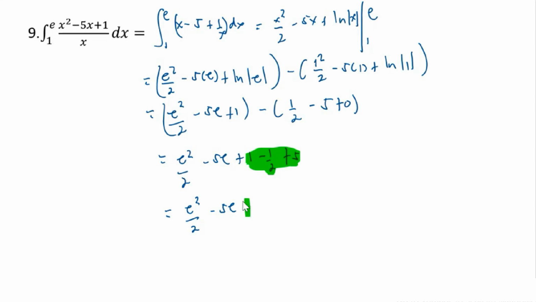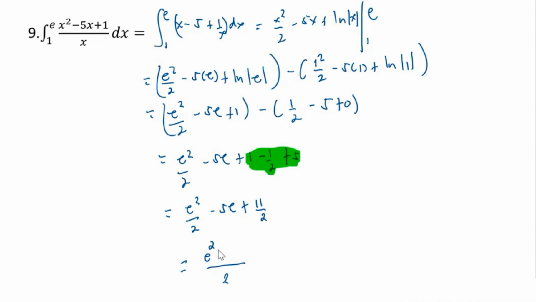We have plus 11 over 2. And if we're going to combine it all, having a common denominator of 2, we can write now a common denominator of 2, or you can just stop your answer up to this point if you want. But for the sake of it, we are going to simplify further.